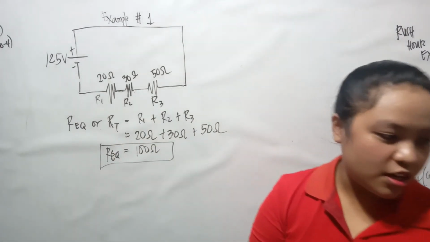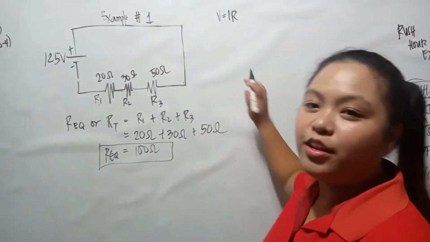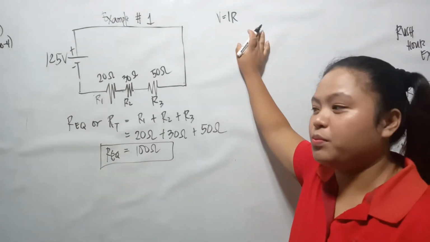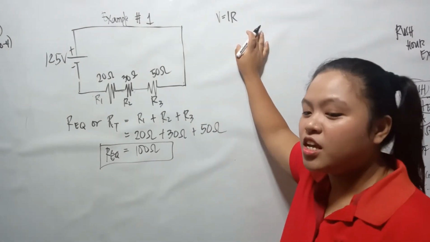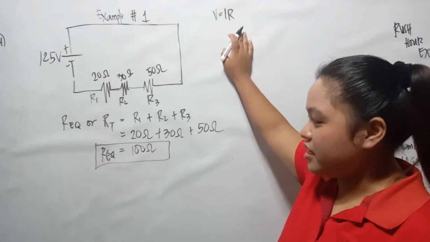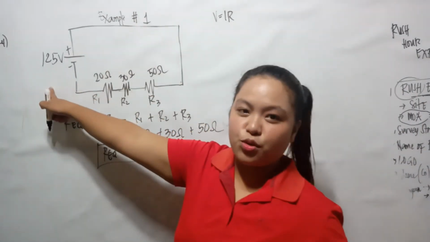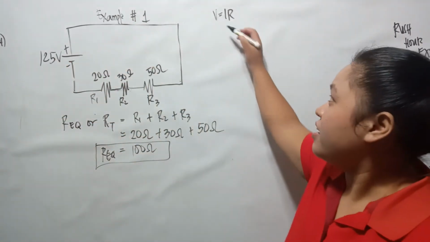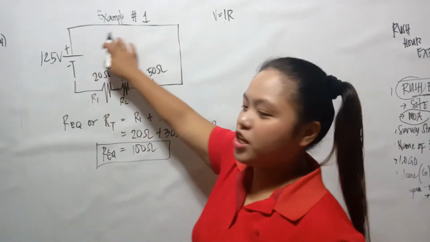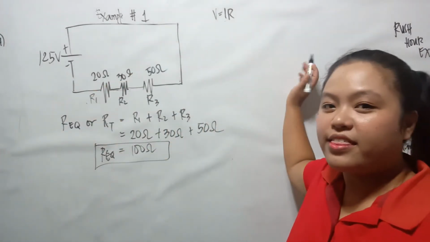Next is the total current from the power supply. We know that the voltage is just equal to the current multiplied by the resistance. So we have here the total resistance, and we also have the voltage source. So we can now get the current, and remember that the current in the source is just equal to the current that passes through all the resistances in the circuit.